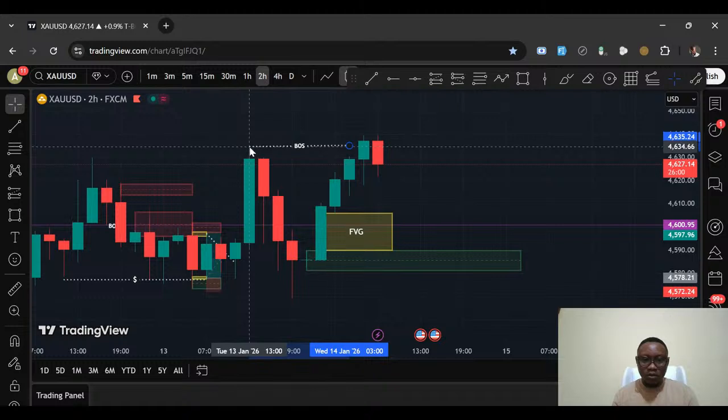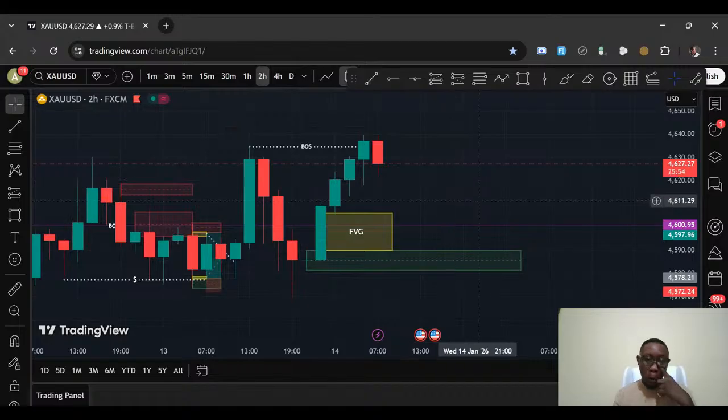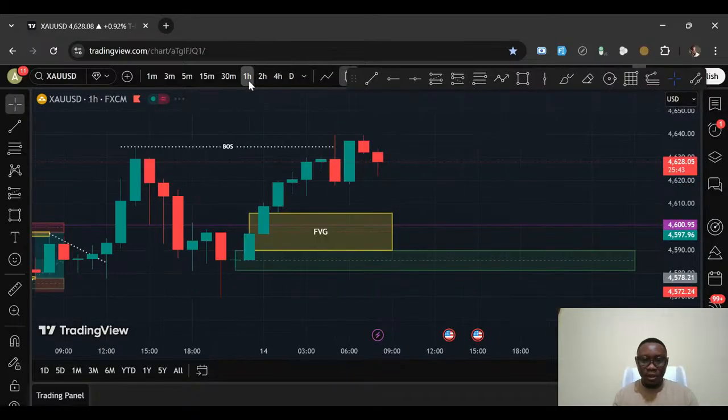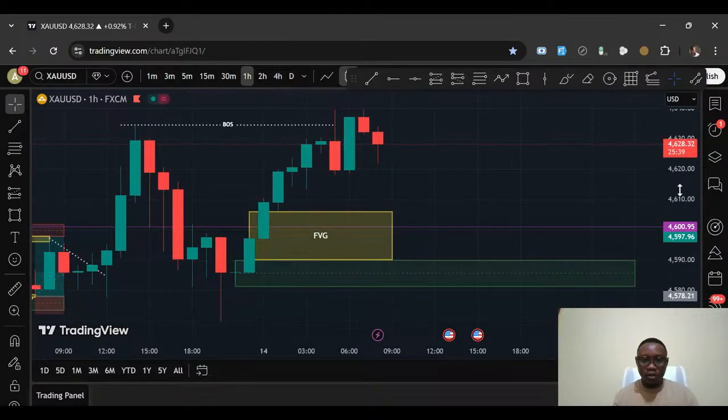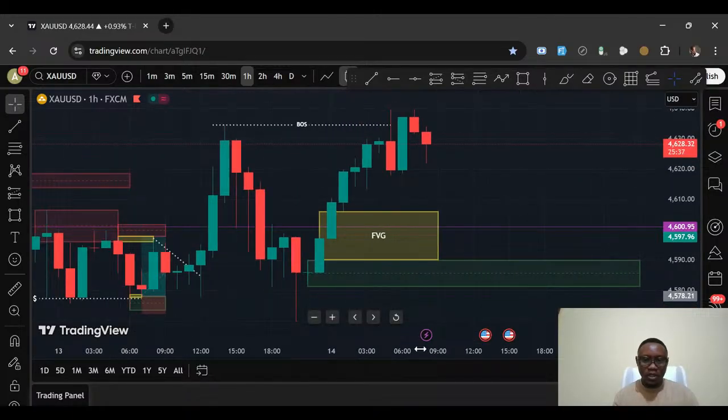Let's still refine this a little. Okay, so this is what we have. Let's drill down further to the 1H time frame to further refine this zone where applicable.